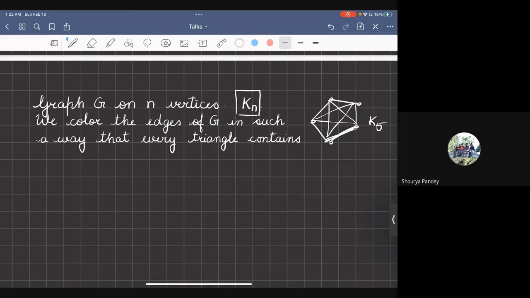There are as many colors as you want, but we won't need more than n choose 2 colors because there are only n choose 2 edges. So we color it in such a way that every triangle contains either exactly one color, that is all edges have the same color, or it has exactly 3 colors. And such a graph is called a swell colored graph.